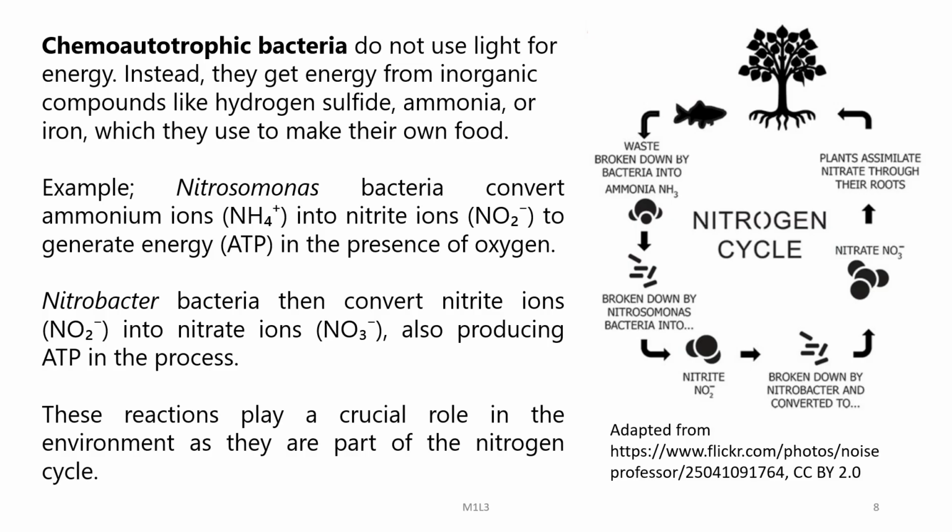Chemoautotrophic bacteria are different. They do not use light for energy. Instead, they get energy from inorganic compounds like hydrogen sulfide, ammonia or iron, which they use to make their own food. We have the example of Nitrosomonas bacteria, which convert ammonium ions into nitrite ions, and in the process generate ATP in the presence of oxygen.